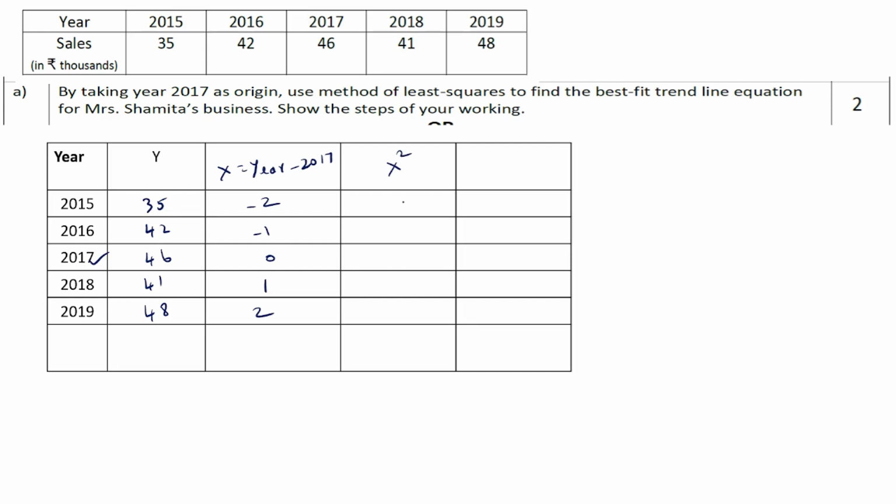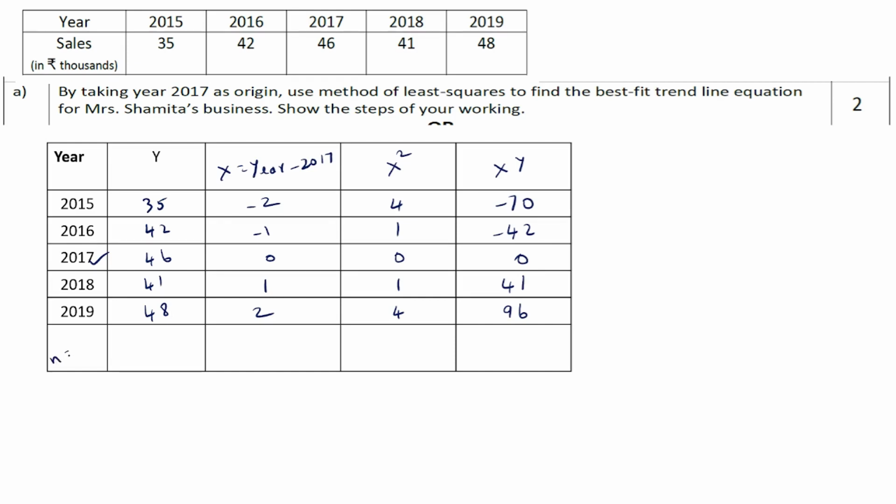Then we have x square. Minus 2 the whole square 4, minus 1 the whole square 1, then 0, then 1, then 4. Then we have xy. So here xy is 35 into minus 2, minus 70, then 42 into minus 1, minus 42, 46 into 0, 0, 41 into 1 is 41, and 48 into 2 it is 96.